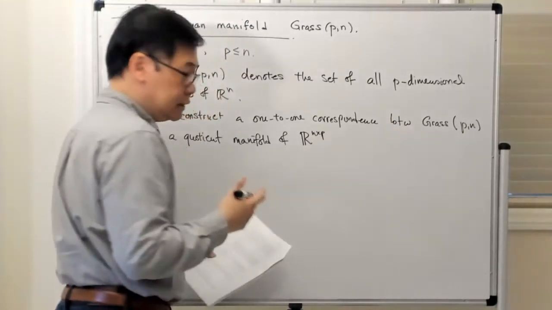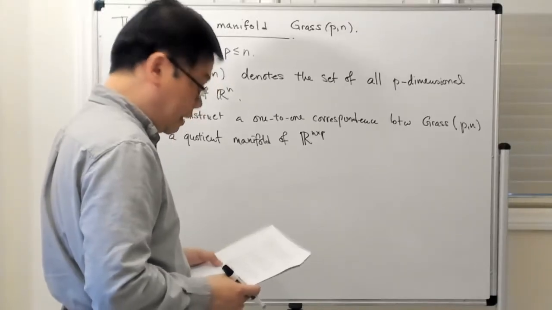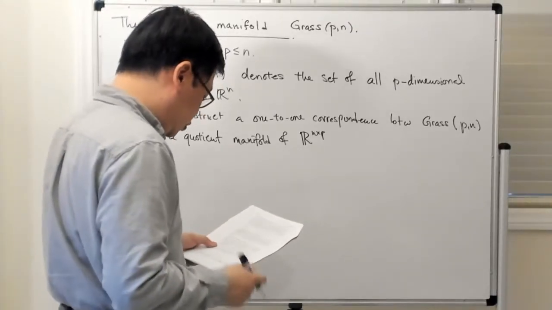And in so doing, this endows the Grassmannians with a matrix manifold, or matrix quotient manifold, structure.